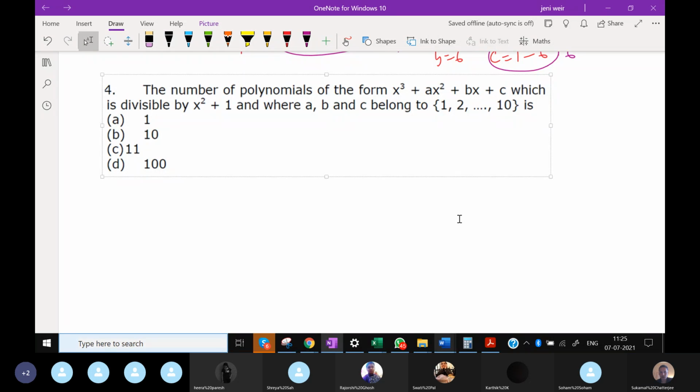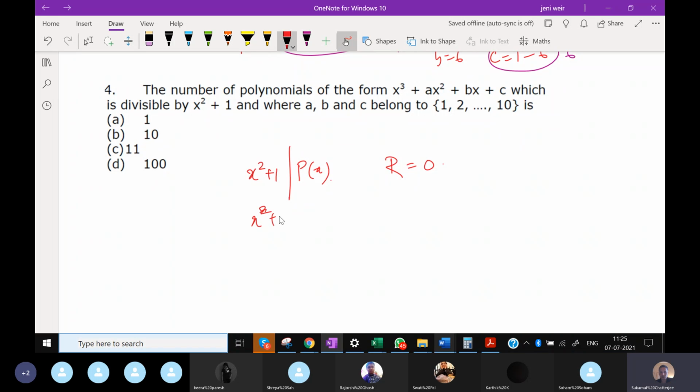So that means the remainder has to be 0, and x square plus 1 has to be a factor of p(x). So p of x at x square equal to minus 1 should be equal to 0.